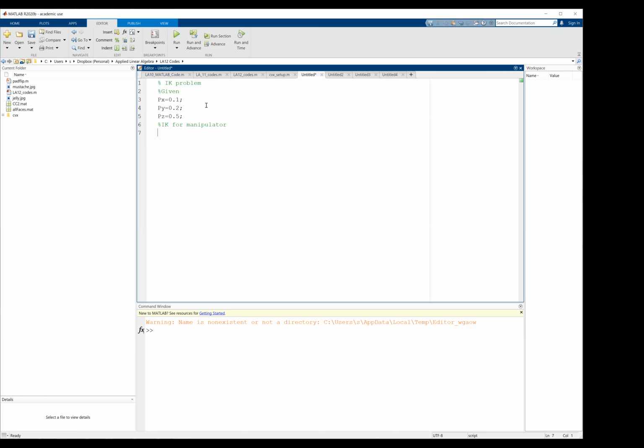So the first equation that I'm going to solve is theta 2 is equal to atan2 of Py comma Px. Then d1 is equal to, then you have the robot parameters.